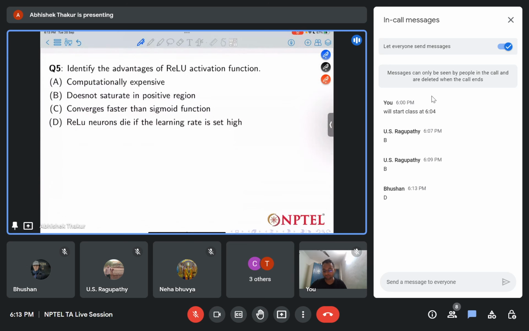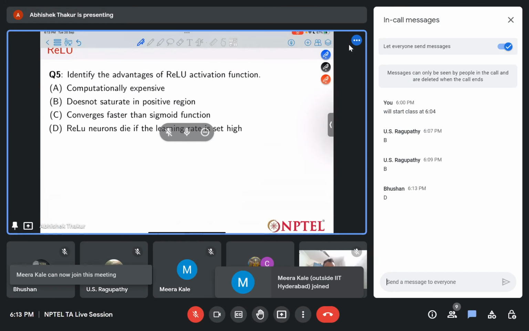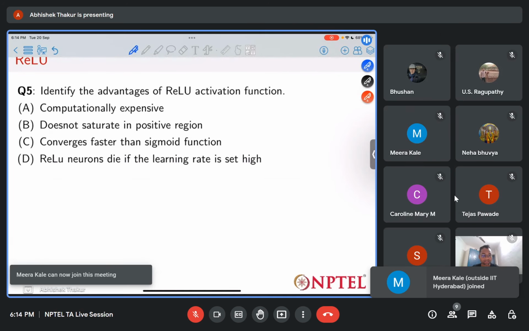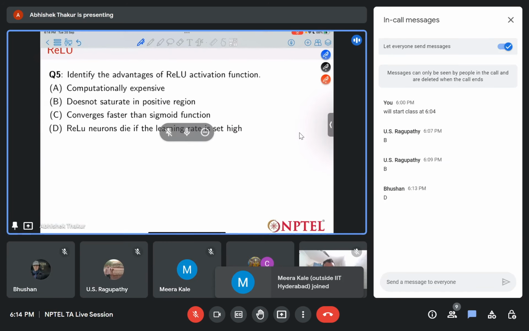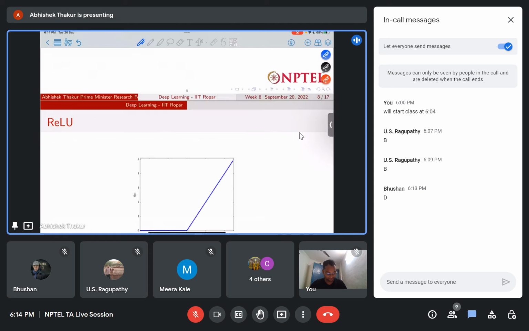So now we'll move on to the next question, which is based on the ReLU activation. Identify the advantages of the ReLU activation function. Option A: it is computationally expensive. First we'll see what it is.